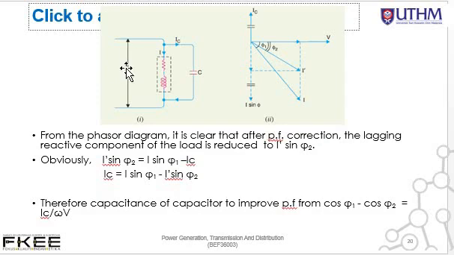Having V as the terminal voltage, the new current after power factor improvement is the resultant current from the parallel branches. So the current that flows into the load plus the current that flows into the capacitor will result in the new current I prime, which has a lower magnitude and a better power factor angle.